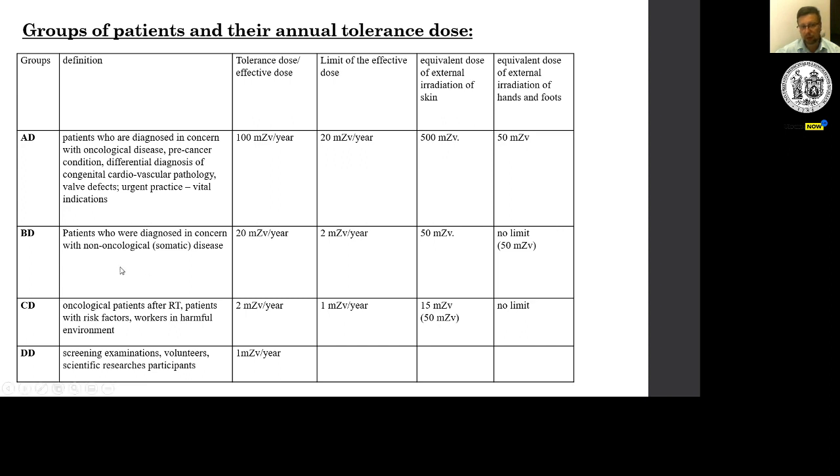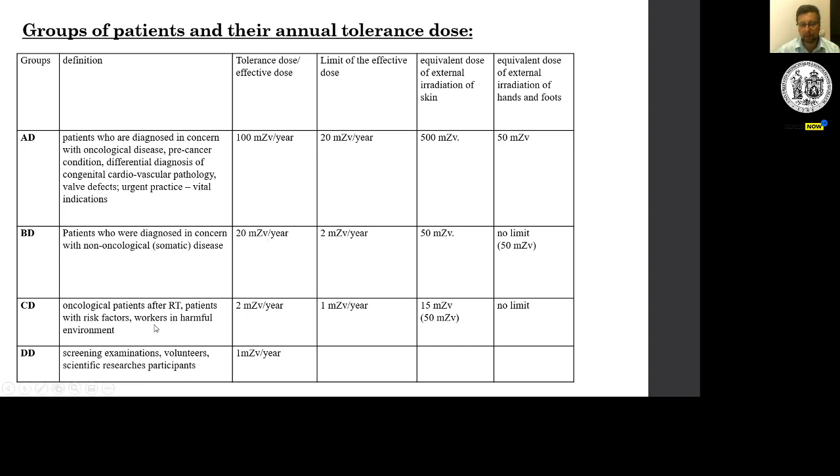PD is a patient who is diagnosed with a non-oncological disease or differential diagnostics of a non-oncological disease. In this group of patients we may use only 20 millisieverts per year for diagnostic purposes.